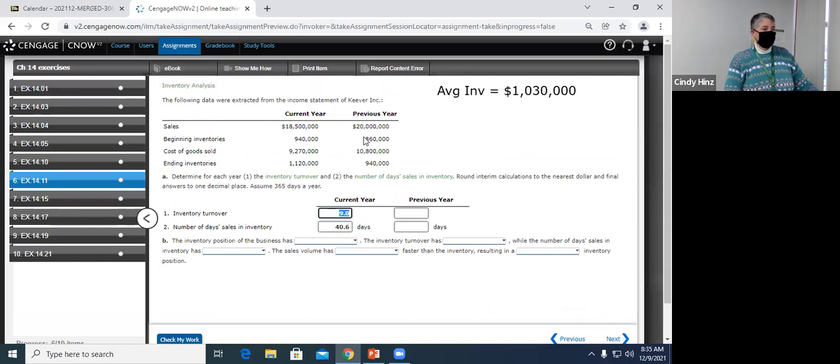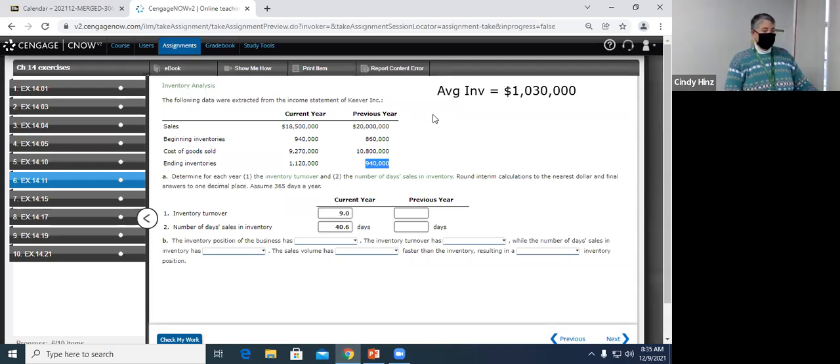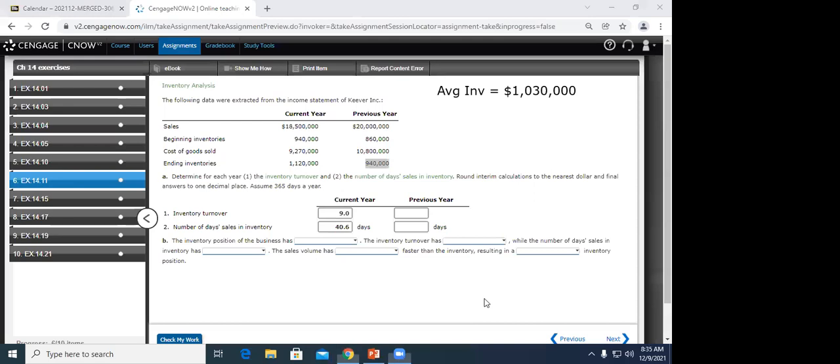So we start with finding the average inventory for the previous year, which is going to be the average of the beginning inventory here and the ending inventory here. That's the first step. So we add those two together, and then we divide by 2.